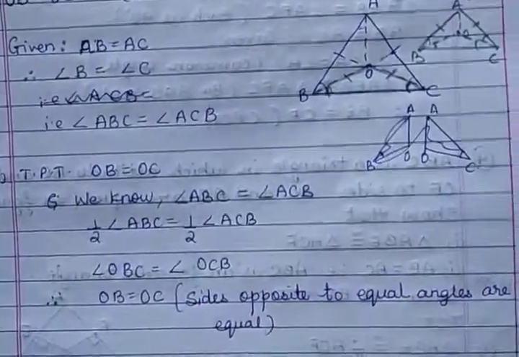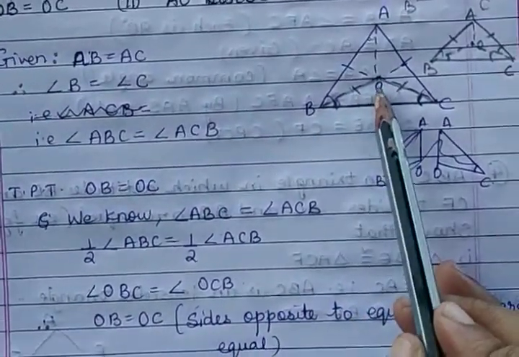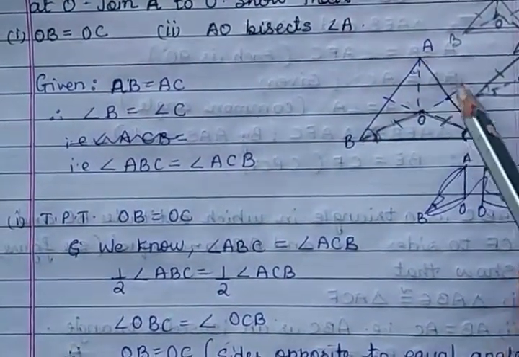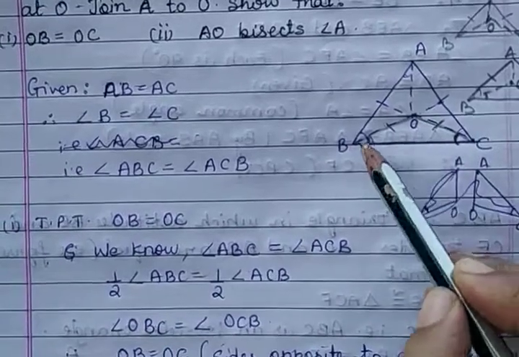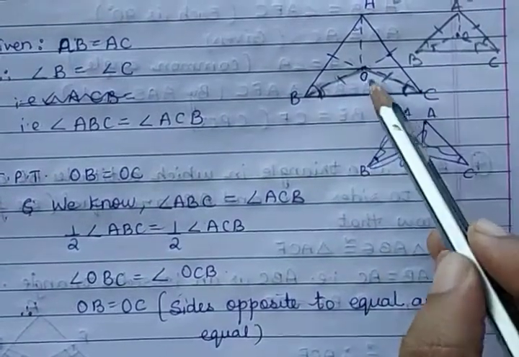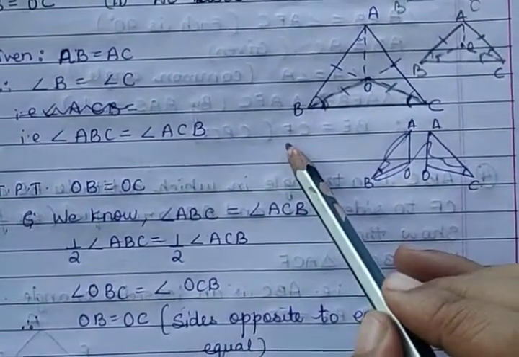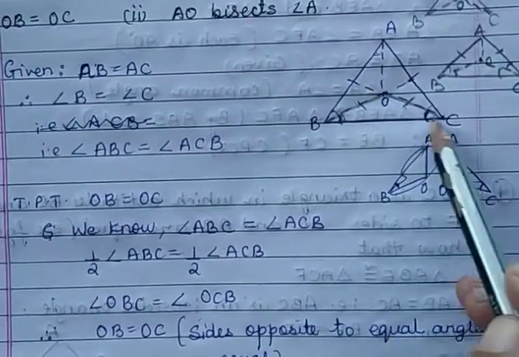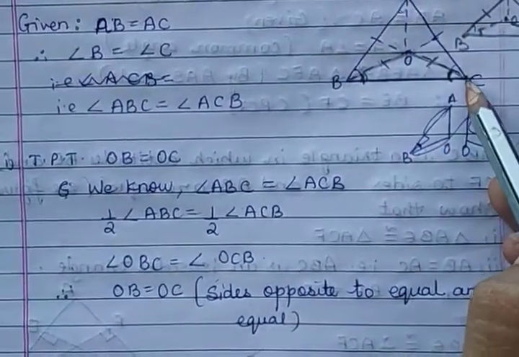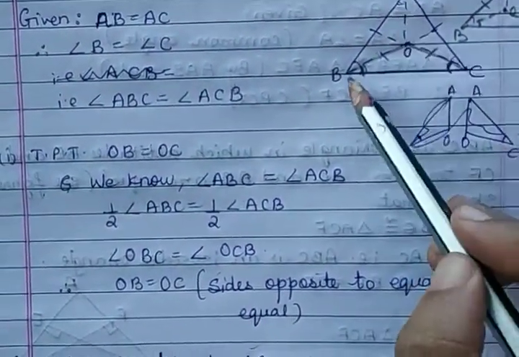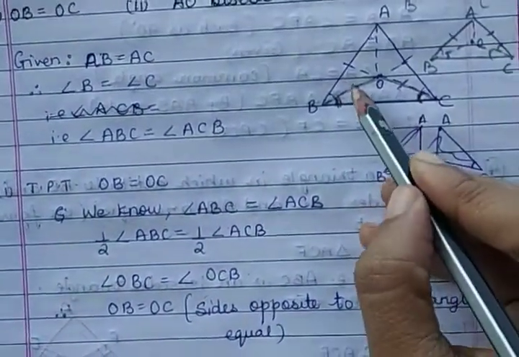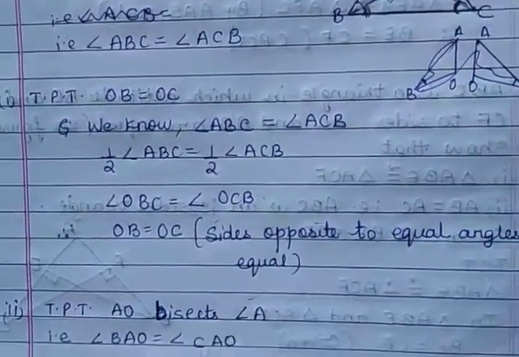We know that angle ABC is equal to angle ACB, and since OB and OC are angle bisectors, we can say angle OBC is equal to angle OCB. So since ABC is equal to angle ACB, half of this angle, which is angle OBC, will also be equal. Since they are equal, the sides which are opposite to them also will be equal.